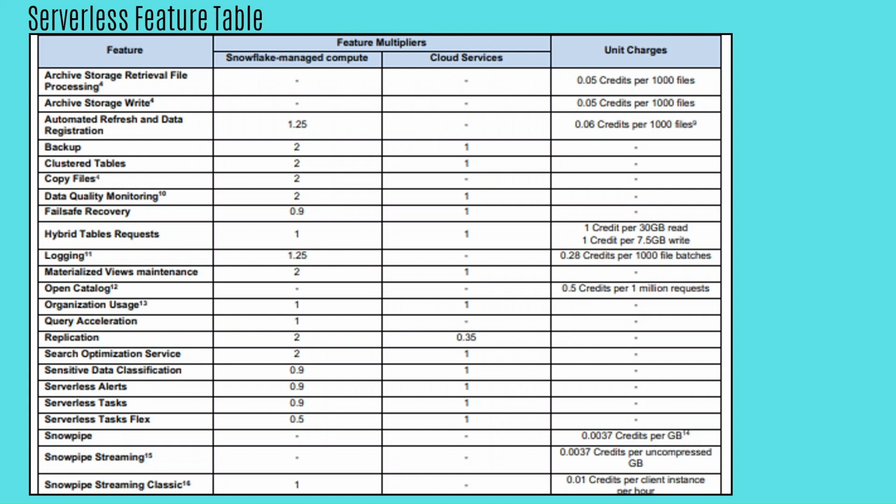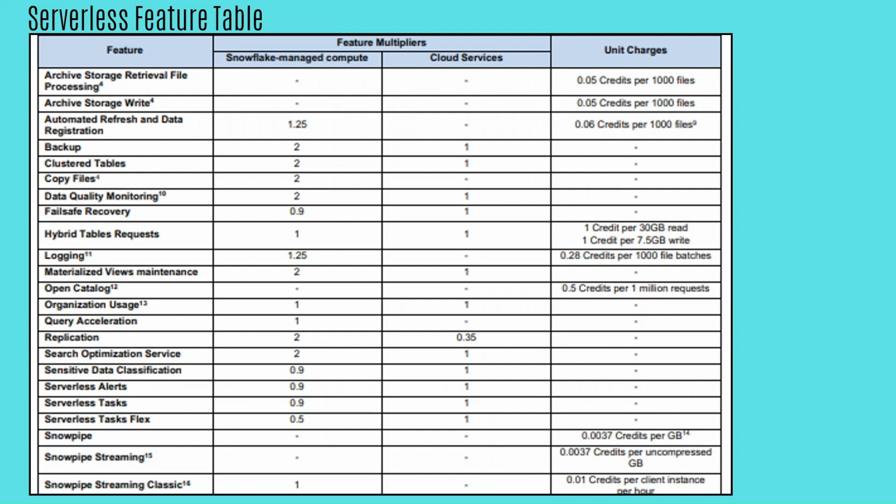And with Snowpipe, we are charged on the basis of per GB of data. Got it? So basically this feature table is very, very important to make you understand how we are charged for those services which we are not aware of, which we don't have any idea about.